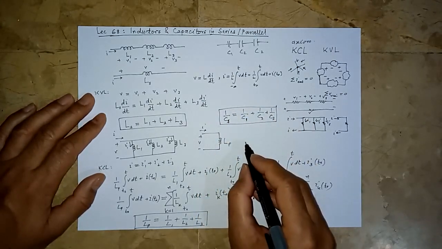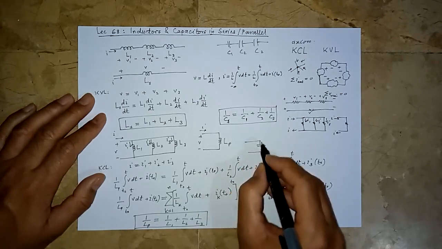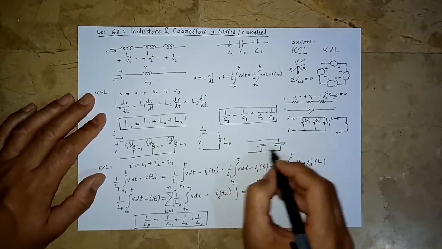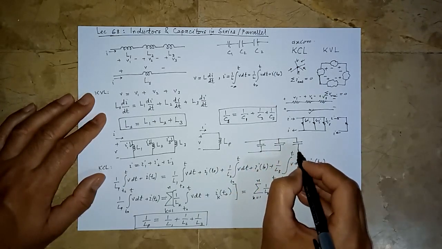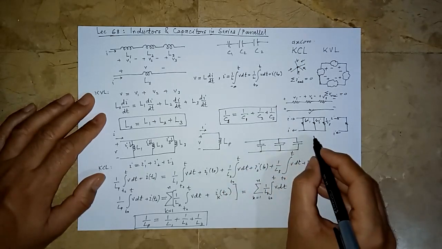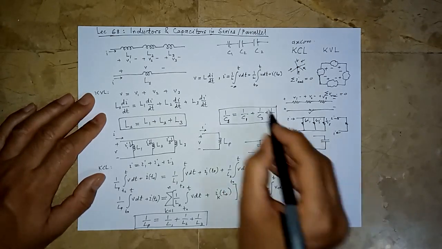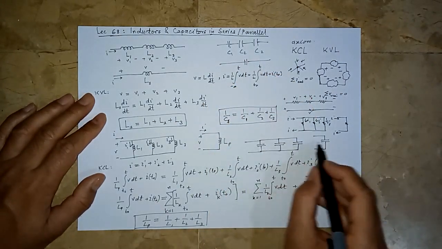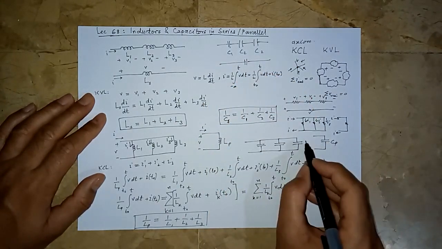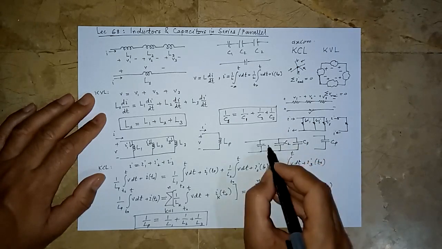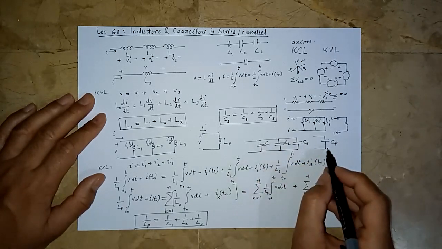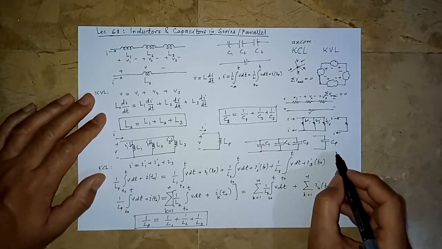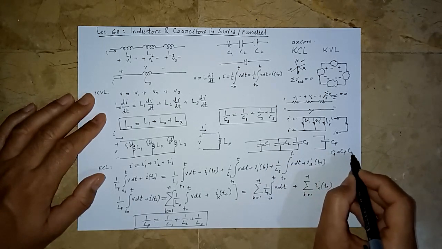And in parallel, the capacitance grows basically. Here the series capacitance, here the parallel capacitance. In parallel, the equivalent capacitance grows basically.